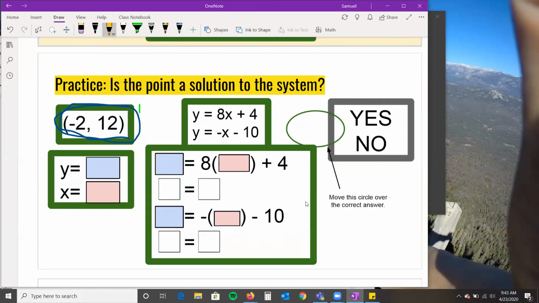Well, actually, I can ask you now if some of you guys got done. Are you guys thinking it's going to be a solution to the system or not a solution to the system? What do you guys think? Either with your mic or a chat, go ahead and say, do you think -2, 12 is going to be a solution to the system? Yes or no? What do you think?